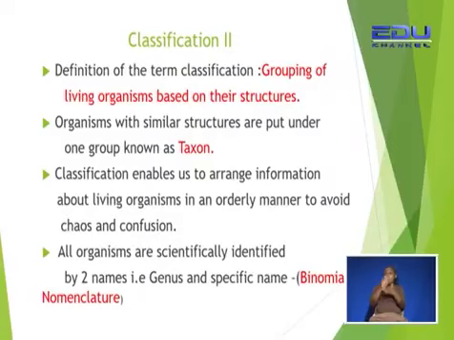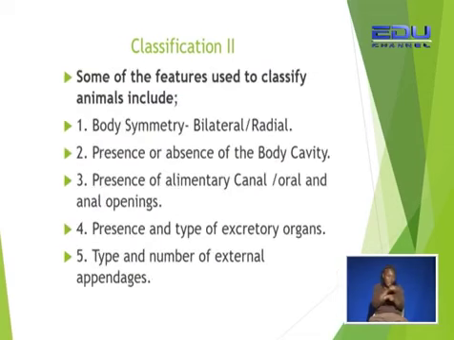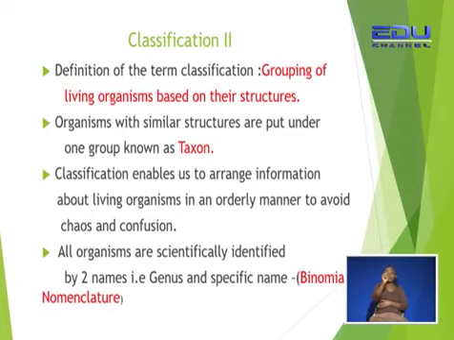All living organisms are scientifically identified by 2 names, that is the genus name and the specific name. So that classification is known as binomial nomenclature. Bi means 2.